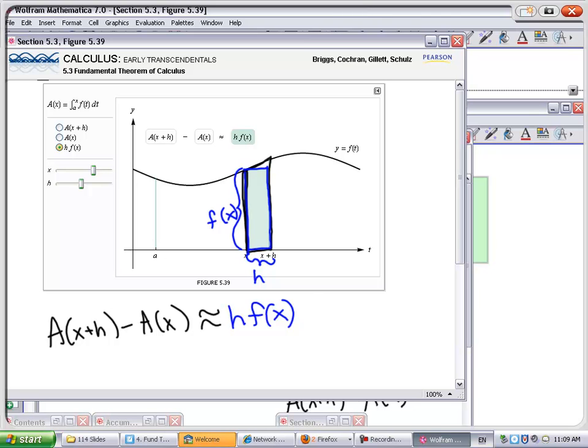All right, so these are going to be really close if H is small.